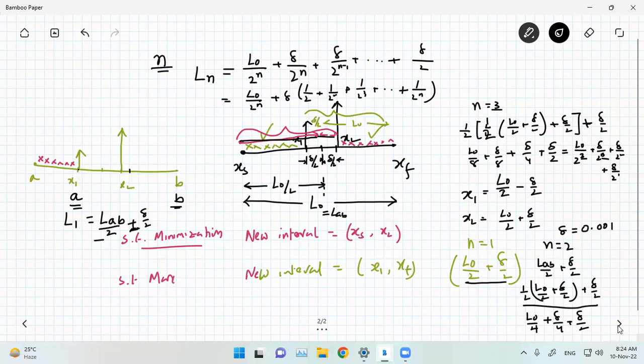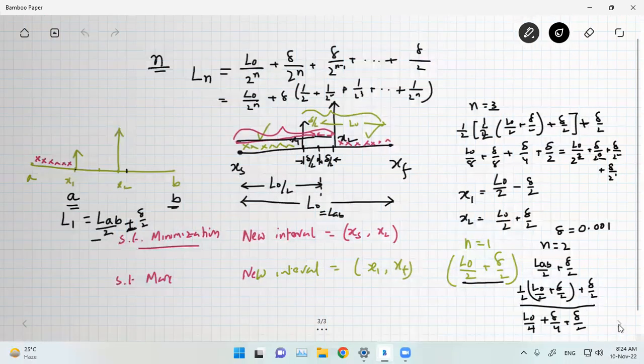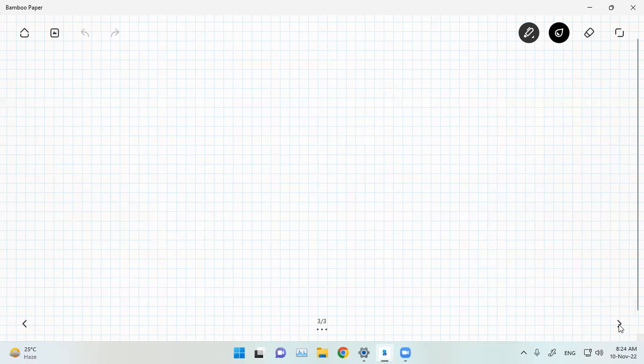If you want, we can also solve the series. So we're just assuming that Sn is our series, that is 1 by 2 plus 1 by 2 square and goes up to 1 by 2 to the power n.